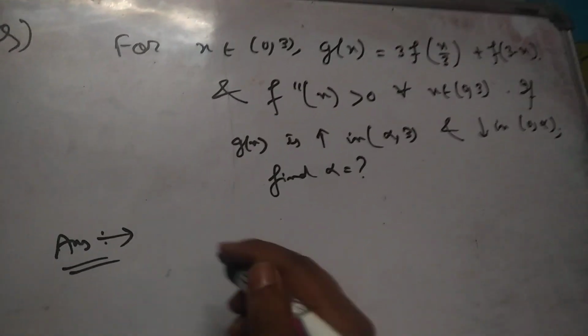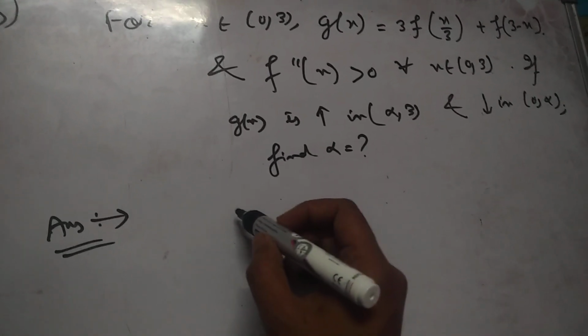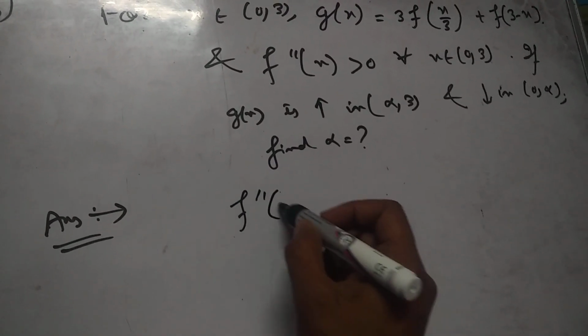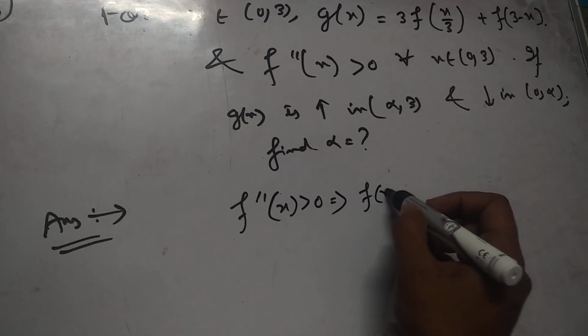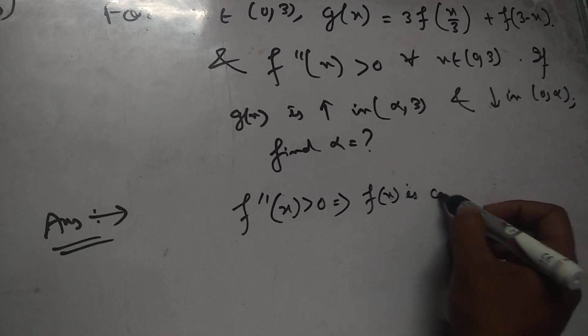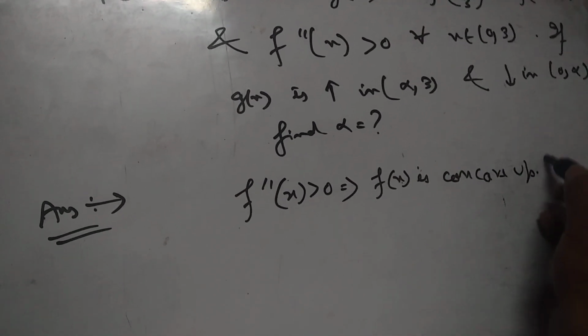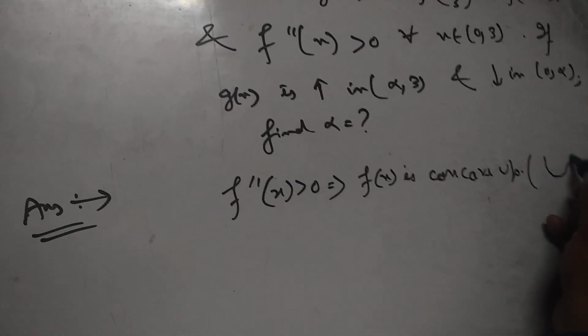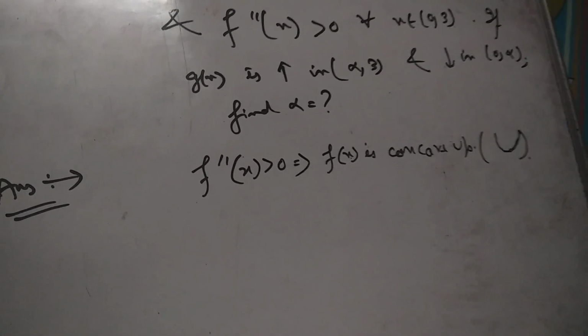So this is a very good question. Okay, so let's try to find it out. First of all, we know that f double dash x positive means f(x) is concave up, right? Means somewhat the graph will be something like this, concave up like a parabola.